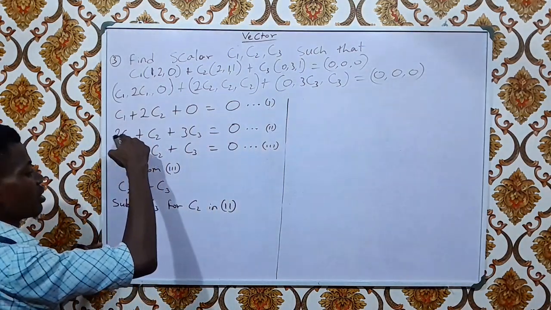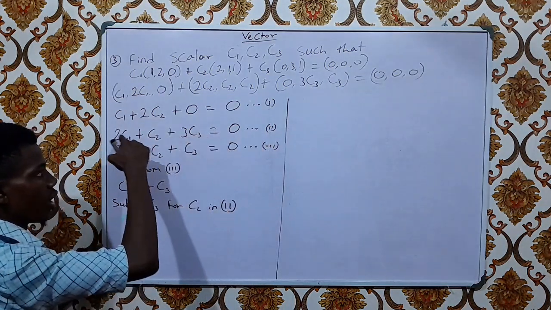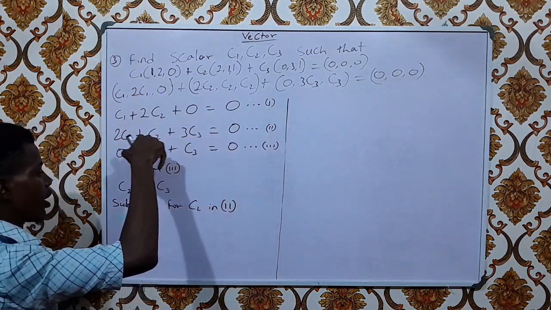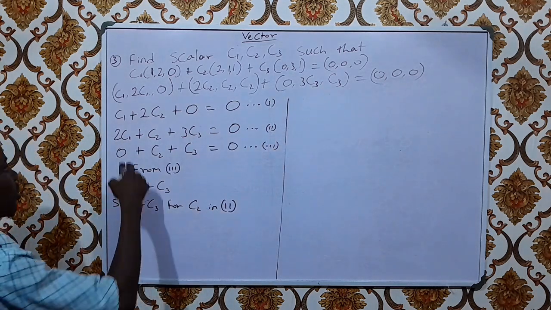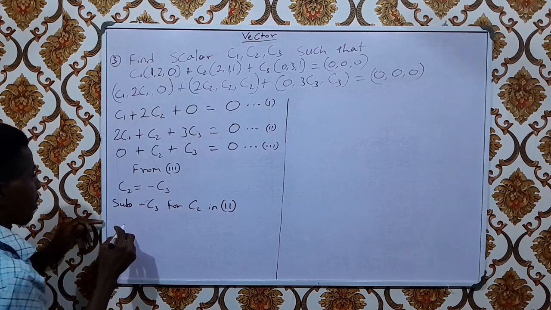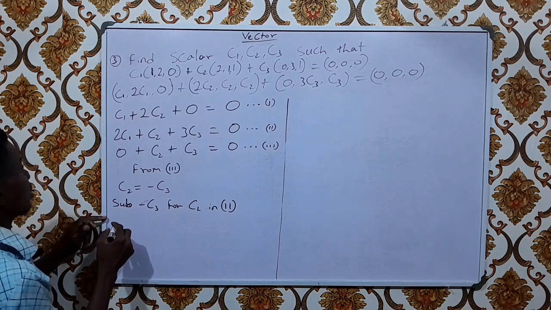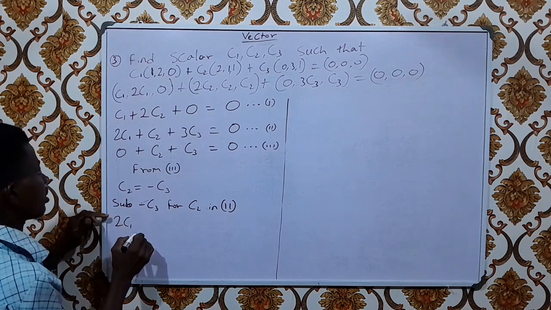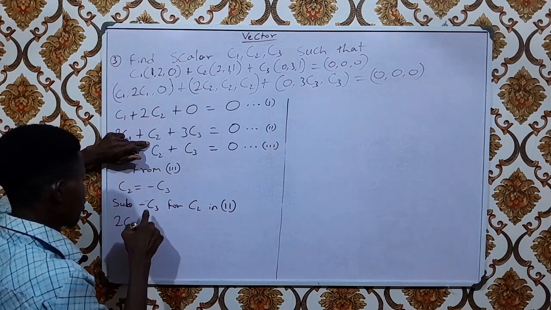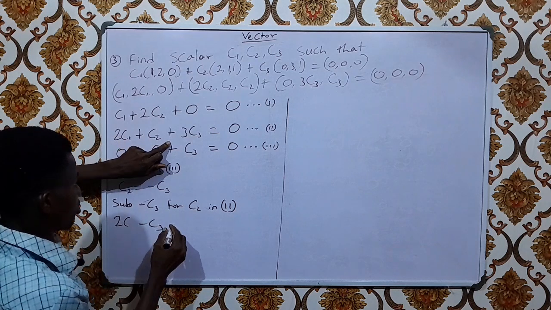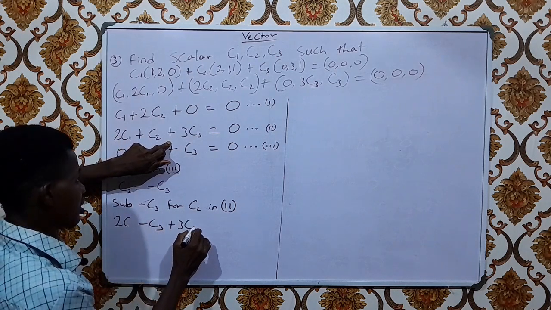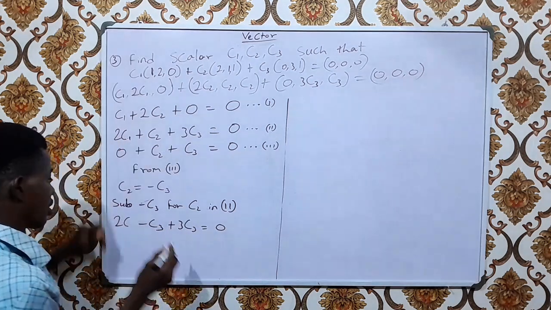Any place we see C2 here, we should put minus C3. So we now have 2C1, and where we have C2 we put minus C3, plus 3C3 is equal to 0.